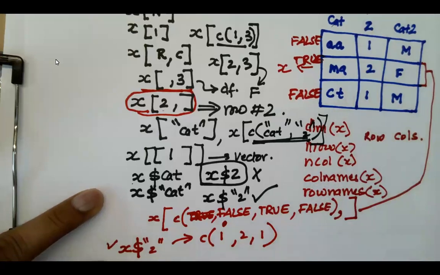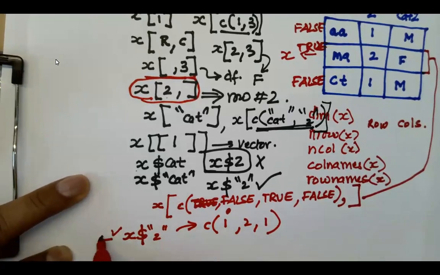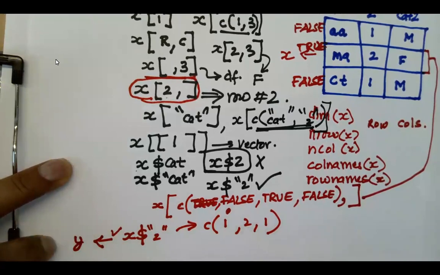Now let's add a logical test to it. Let's say the output of this is assigned to y, so y holds this particular vector. Let's try a logical test: is y equal to 2?